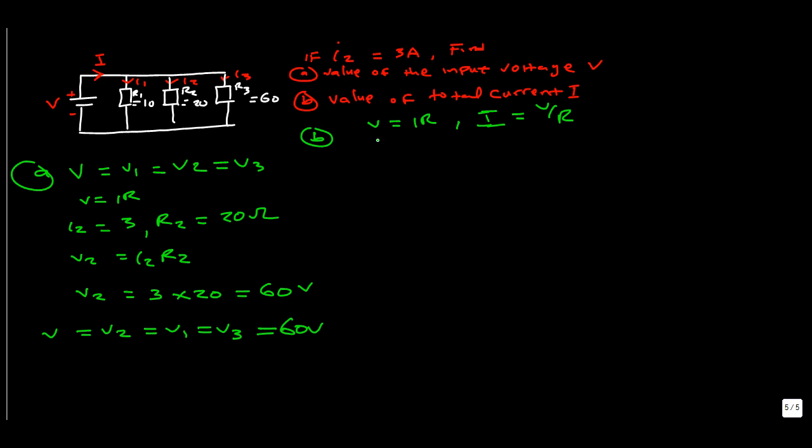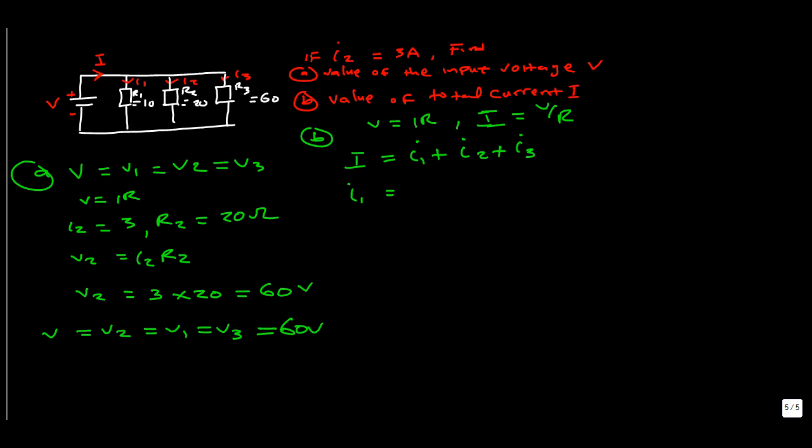We can start by writing down the formula for the total current in a parallel circuit: your total current is equal to I1 plus I2 plus I3.